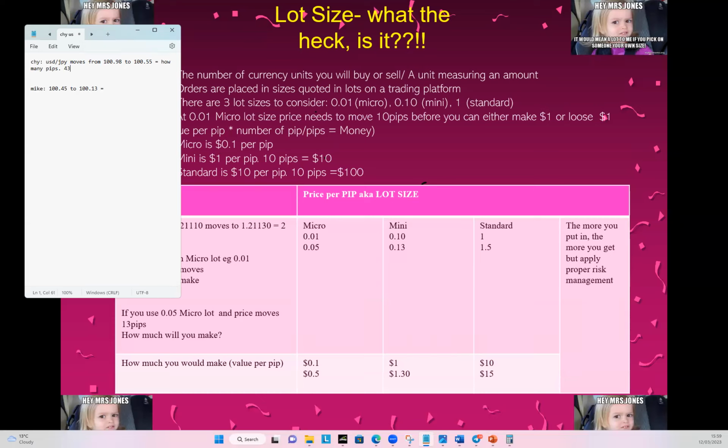And you, Femi, what's your answer? You haven't given me the question. It's on the screen. How many pips from 100.45 to 100.13? My screen is gone again. You need to sort out your screen.